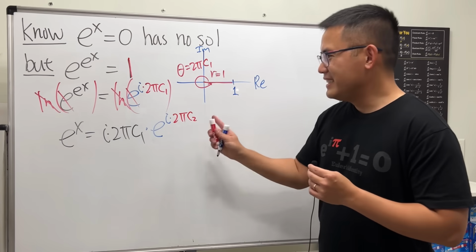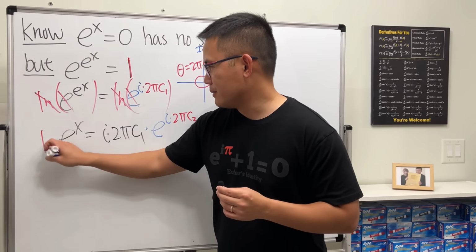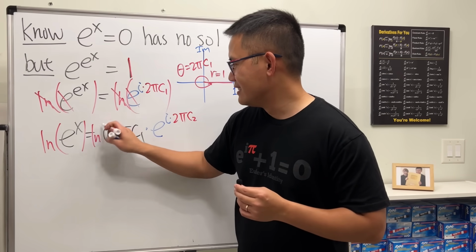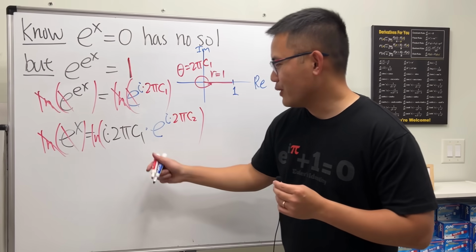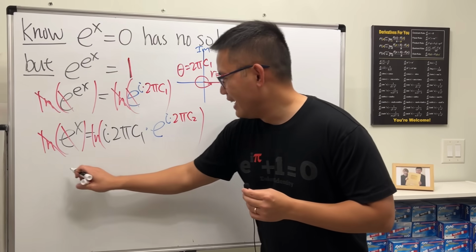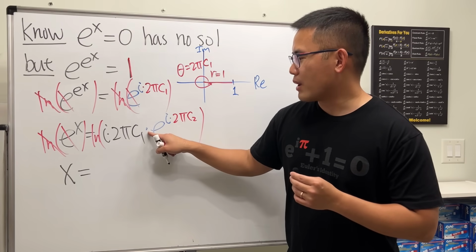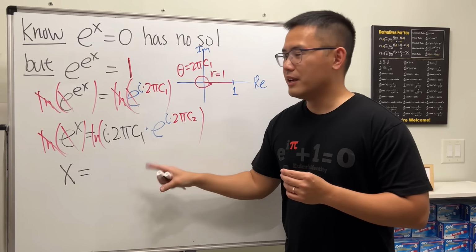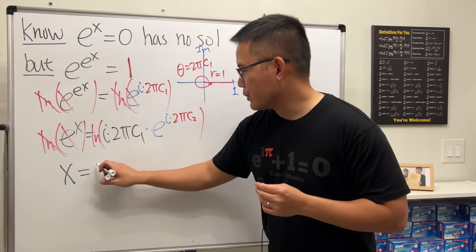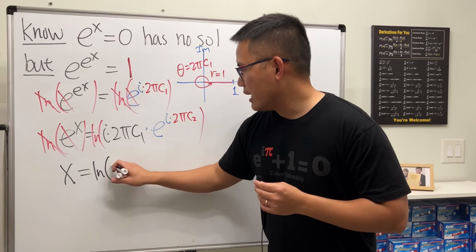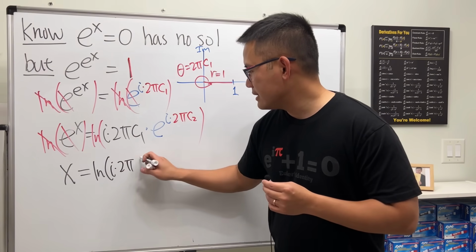And then right here, let's take the natural log one more time. Cancel, cancel. And then we are going to get x, which is just a complex number. Of course, this is a product of this thing and that thing. So let me write this down first, which is ln of i times 2 pi c1.